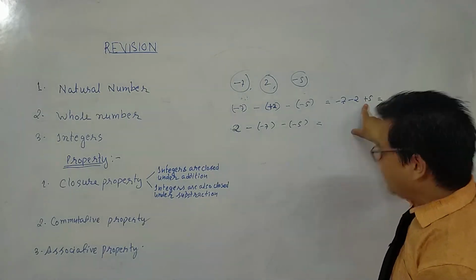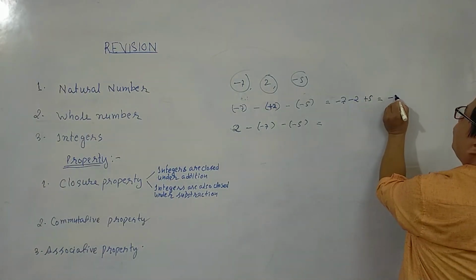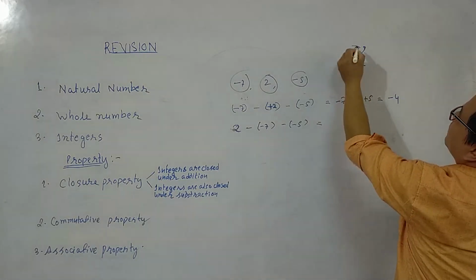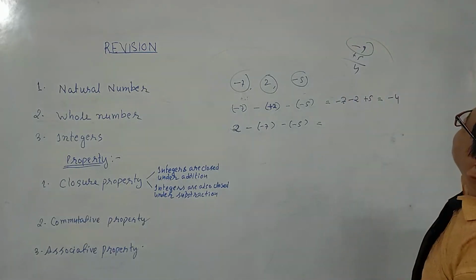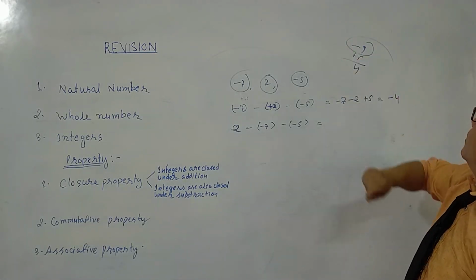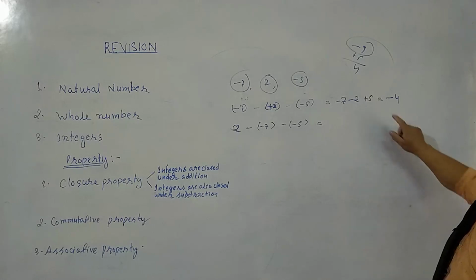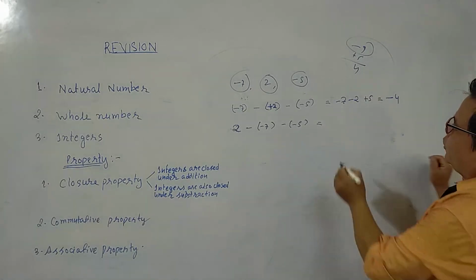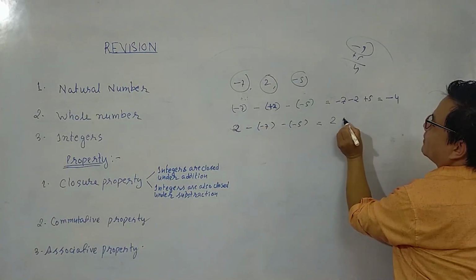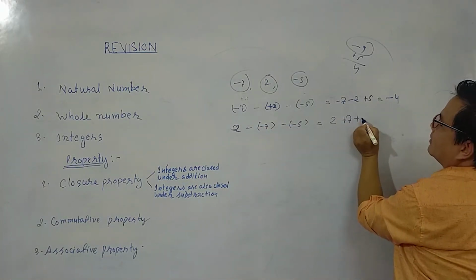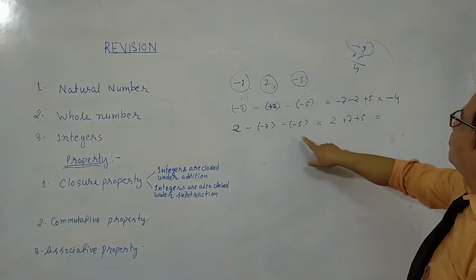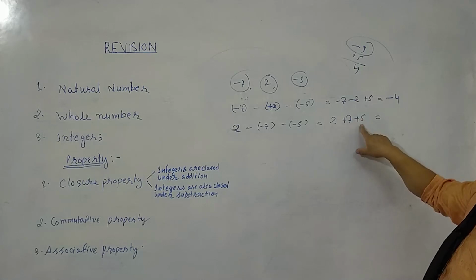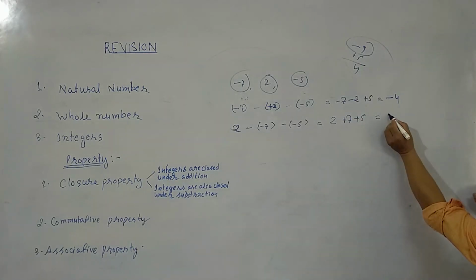Minus 9 plus 5, how much will you get? Minus 4. Which sign dominates? The negative integer dominates, so the negative sign will be in the result. Now here, 2 plus 7, 9 plus 5, 14. The whole process is totally changed.